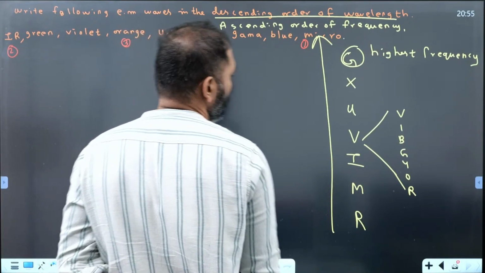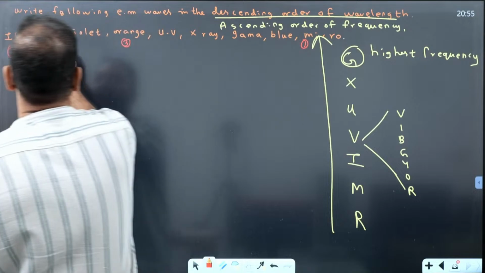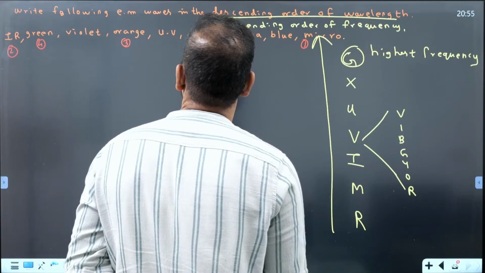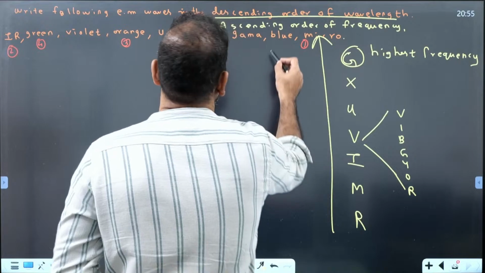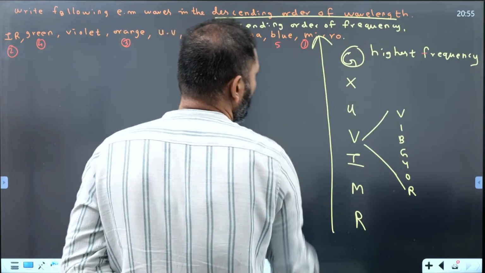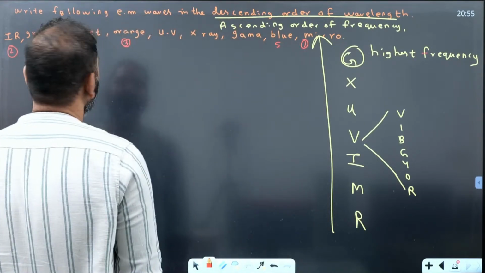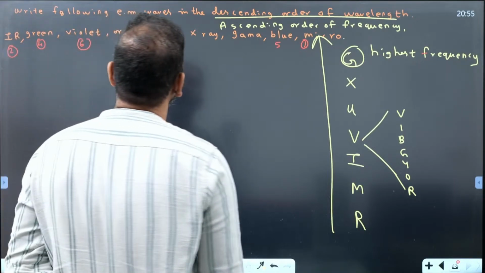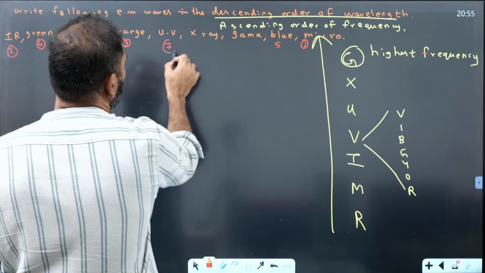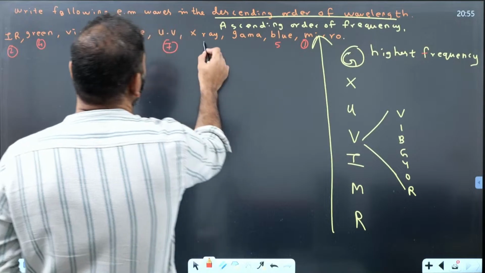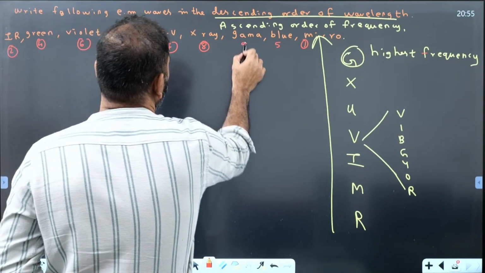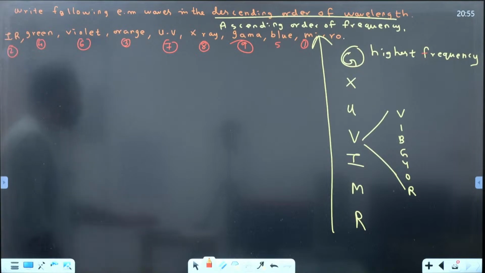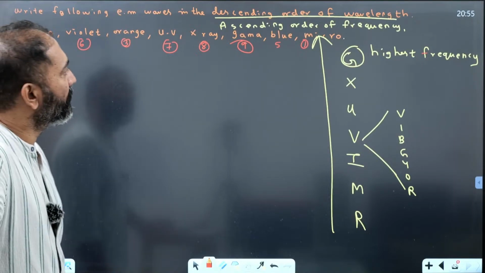Yellow not there. Green is there? Yes, green 4. Blue is there, blue 5. Then indigo is not there. Violet is 6th. Then UV is there? Yes, 7. Then X-ray 8. Gamma 9. Gamma comes at the last, because gamma is the highest frequency, that is lowest wavelength.